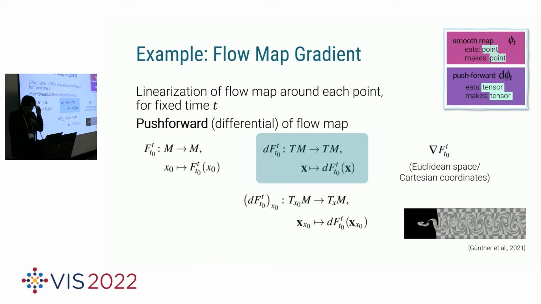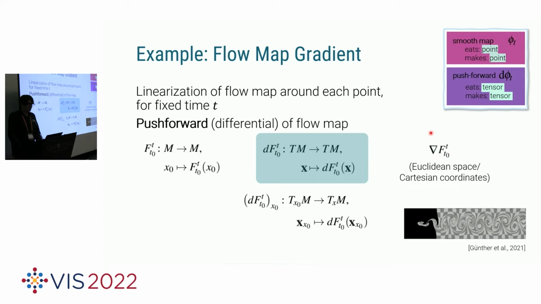Again, there's an example from the same paper here, what is called the flow map gradient. So this would be here this nabla f, where basically this describes a mapping between these tangent spaces that is valid for Cartesian coordinates.